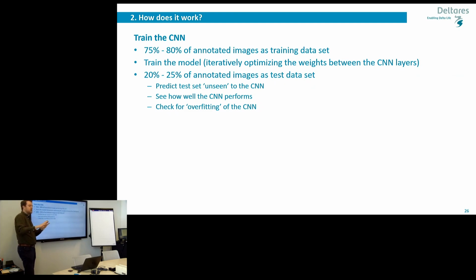Is the water indeed the water, or does it predict that it's stones or whatever? And then you have a metric to see how well your CNN performs. And also very important, you can check whether your model is not overfitting on your training data. I think we'll also go into that a bit more later.